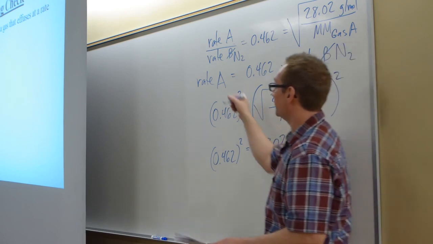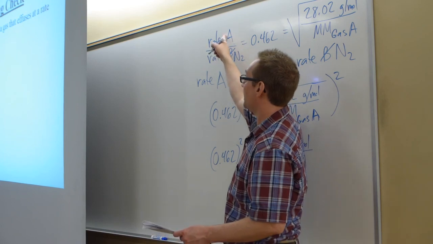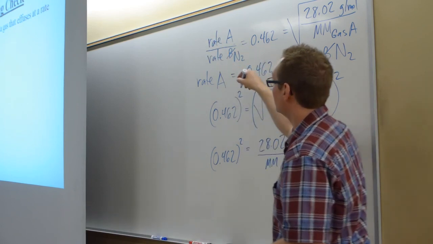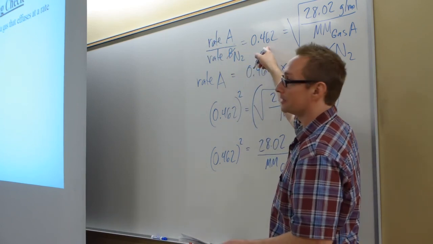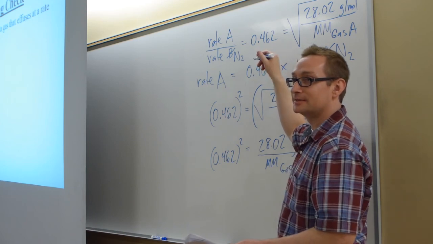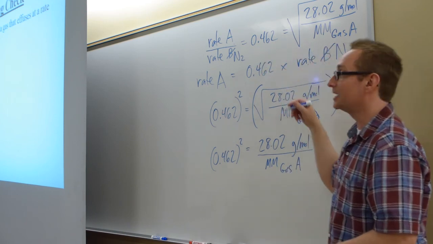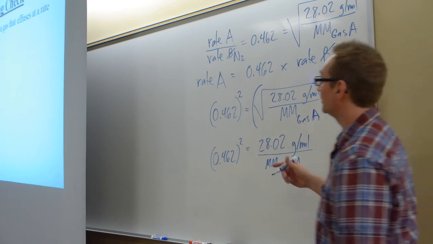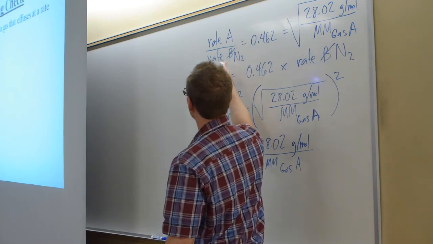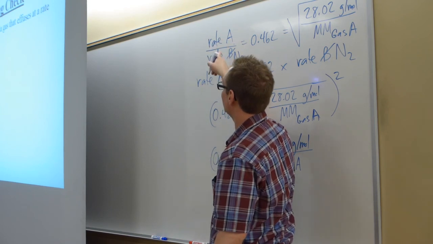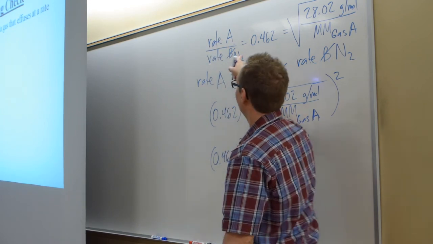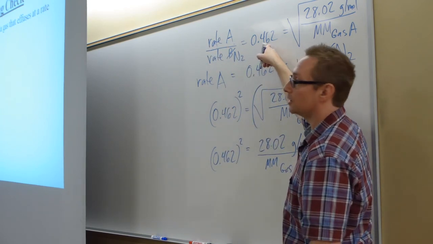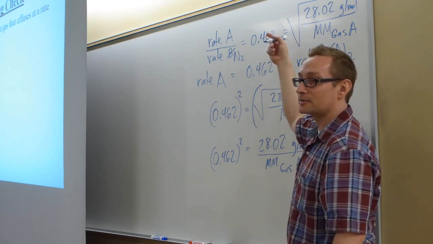If we picked gas A to be nitrogen, then we would have to take 1 over this to get the right ratio. So just by convenience, we're taking gas B to be nitrogen. If we had nitrogen here and then the unknown gas B, then this would have to be 1 over 0.462.